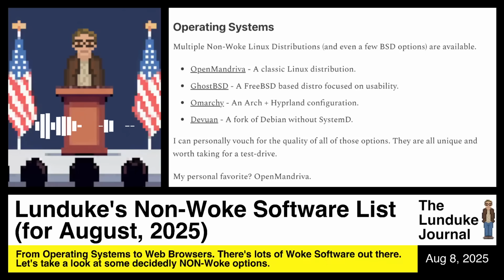Basically, it's becoming its own Arch distribution, but it kind of started out as a whole boatload of configuration options on top of Arch, and it's quickly becoming its own little distro in its own right. And it's run by DHH of Ruby on Rails fame, and it's decidedly non-woke. Again, none of these people have asked me to add them to this list, so hopefully they won't get yelled at too much.